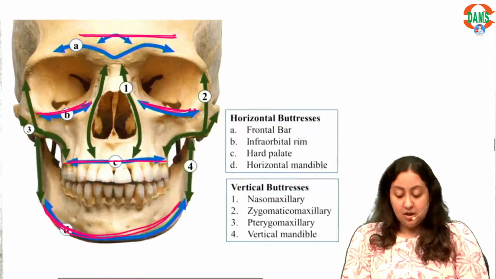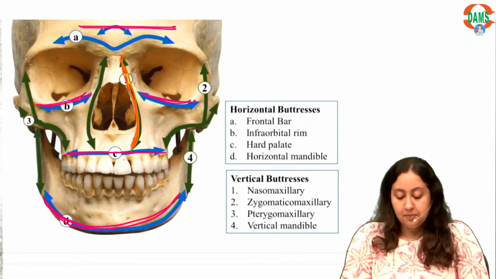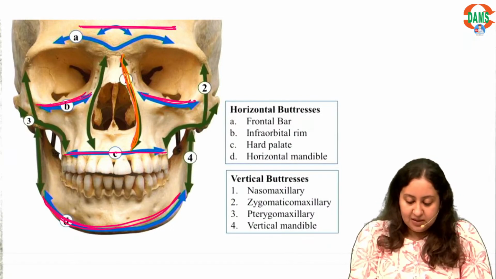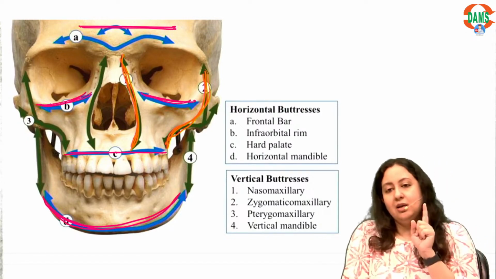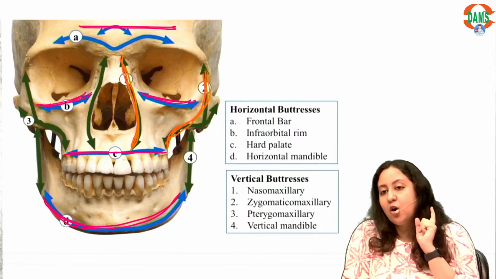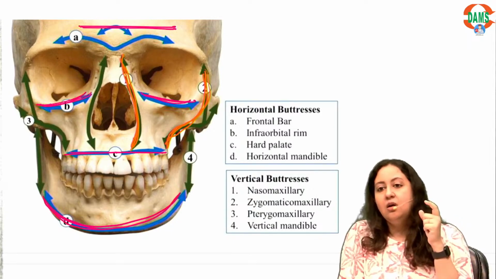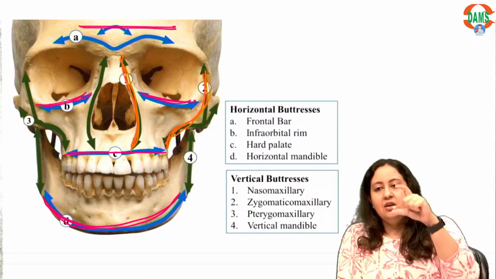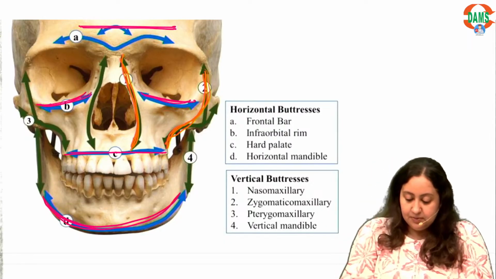Now coming to the vertical buttress, nasomaxillary buttress, zygomaticomaxillary buttress, the zygoma and the maxilla combined. The pterygomaxillary buttress. So the pterygomaxillary buttress you actually can't appreciate in this figure because it is where the pterygoid plates are. So that horizontal aspect on the inside, that area of the pterygoid plates, is your pterygomaxillary buttress.